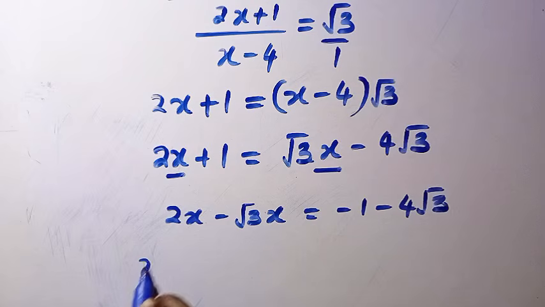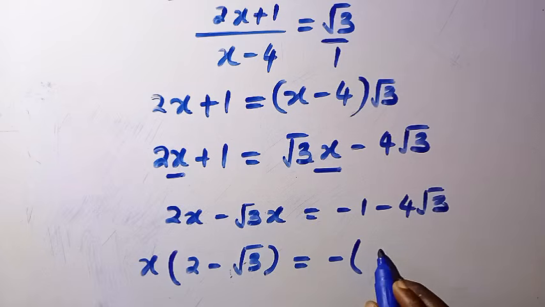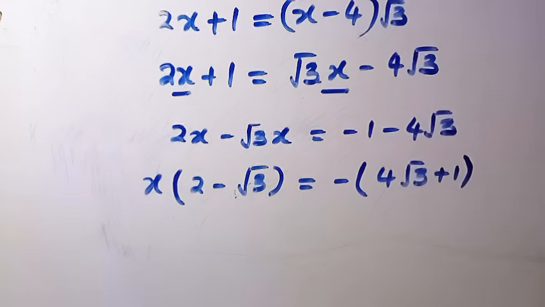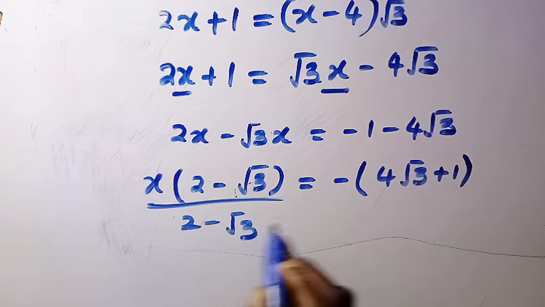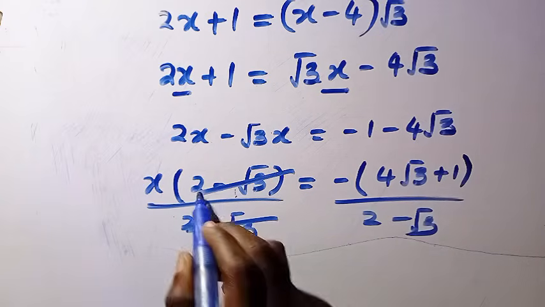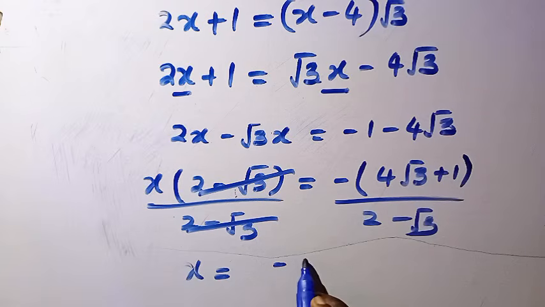So x is common. If we factor it out, we are left with 2 minus root 3 equals minus bracket 4 root 3 plus 1. So dividing both sides by 2 minus root 3, the 2 minus root 3 cancels, and x equals minus.